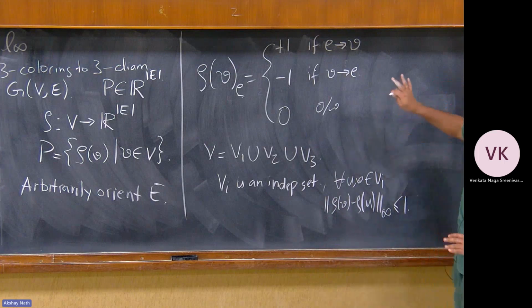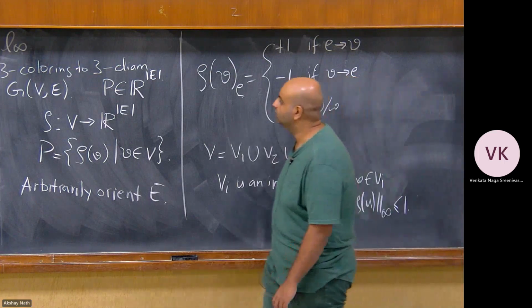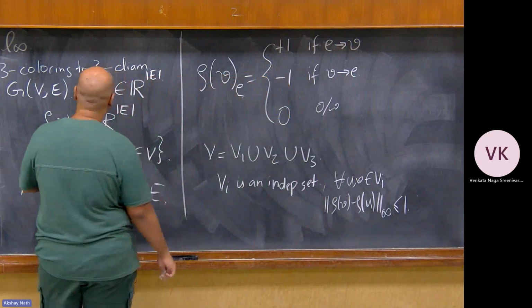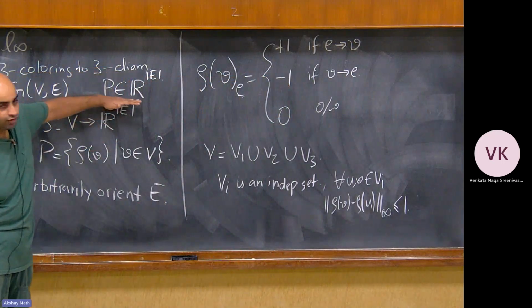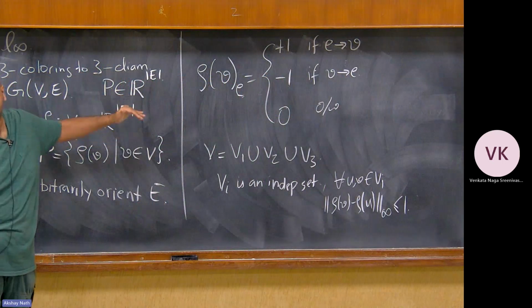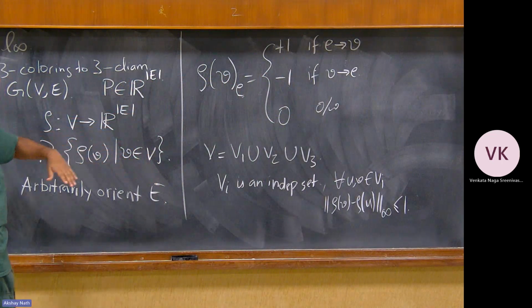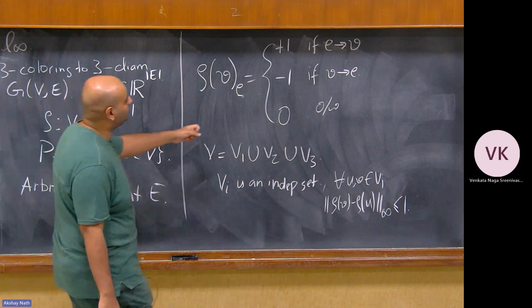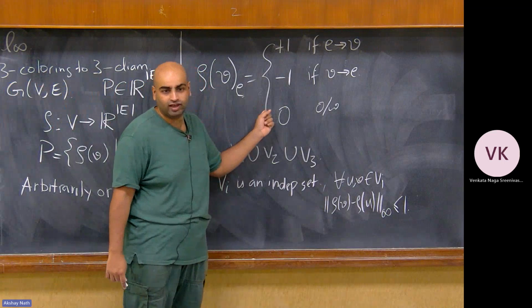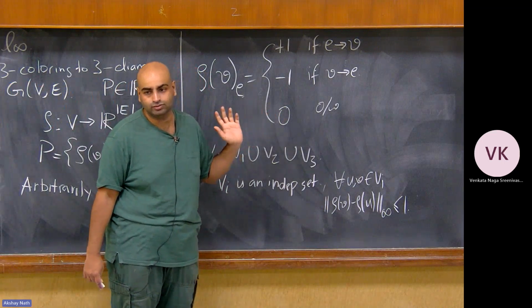Now, soundness, I won't write down, but let's see quickly what it is. In soundness, suppose we had a partitioning of P into P1, P2, P3, such that every pair of points within the same part is at distance less than 2. Now, notice from our construction that the distance between any pair of points is either 0, 1, or 2.